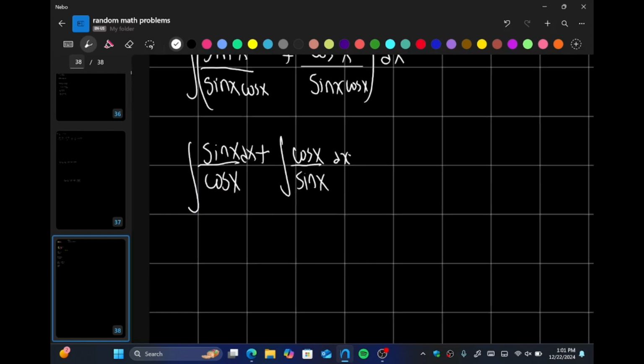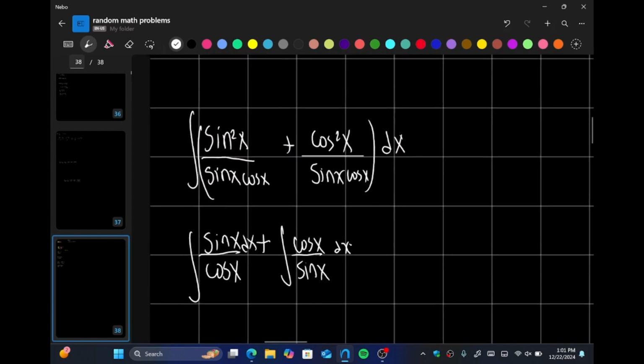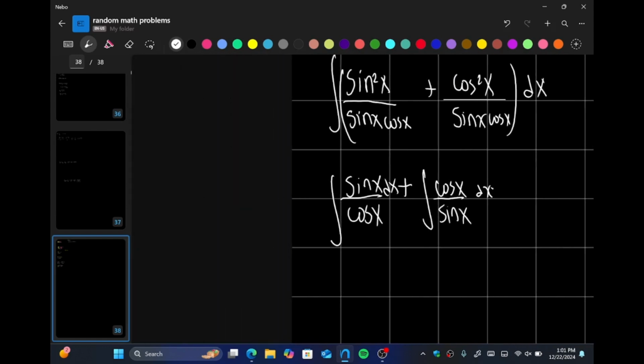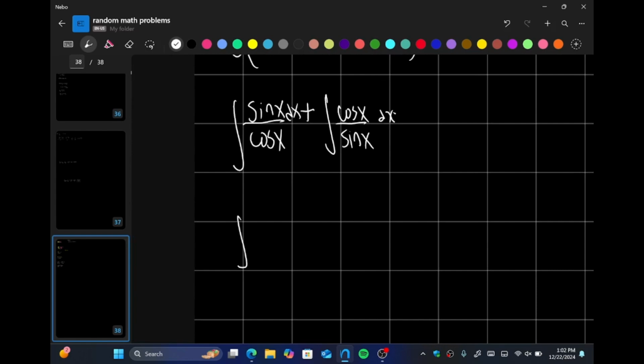Now, if you do have your table of integrals, that's good. I want to show y'all another thing here. So this is the integral of tan x dx plus the integral of cotangent x dx.